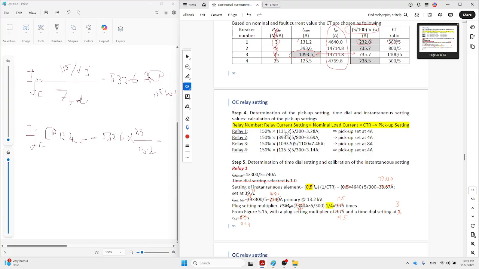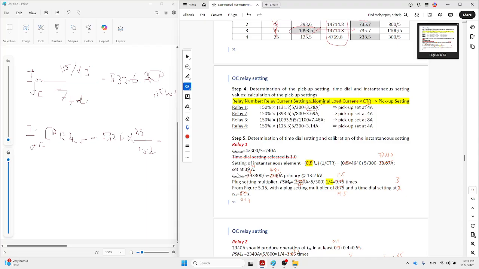The real pickup current is 131.2 times 1.5, which is 196.8. Since we upgraded to 4, here we find out the pickup current in amperes. It's 4 times the CT ratio, which is 240. So before that, it must be picked up by something around 200. Right now, it's picked up by 240.